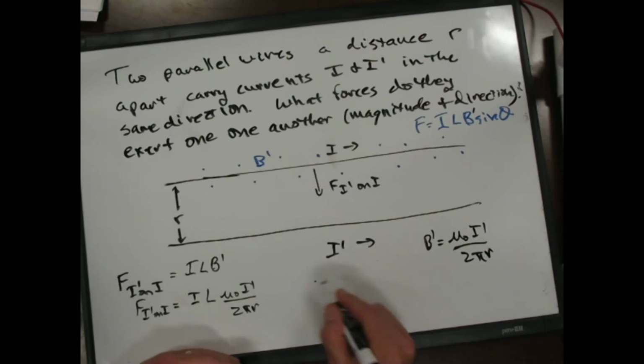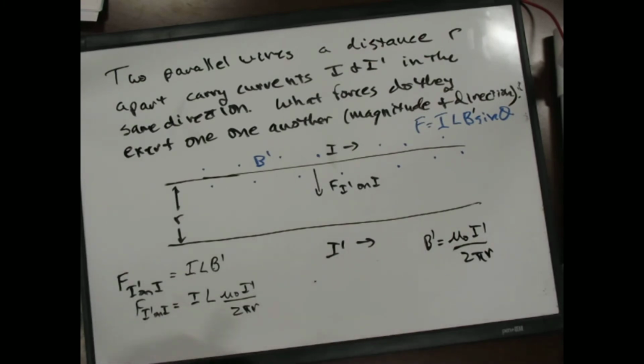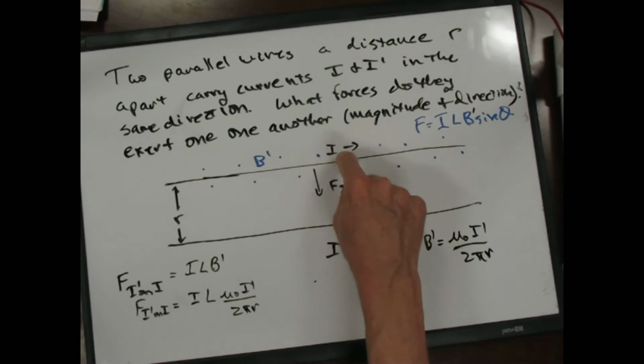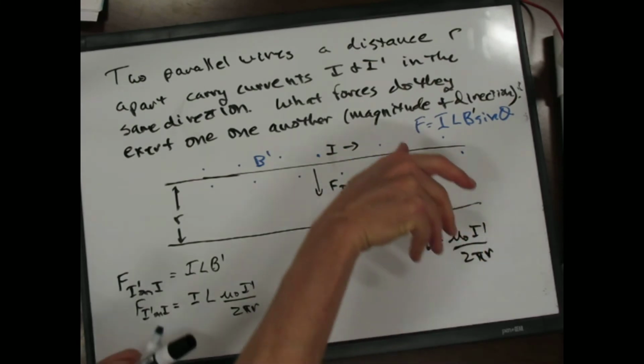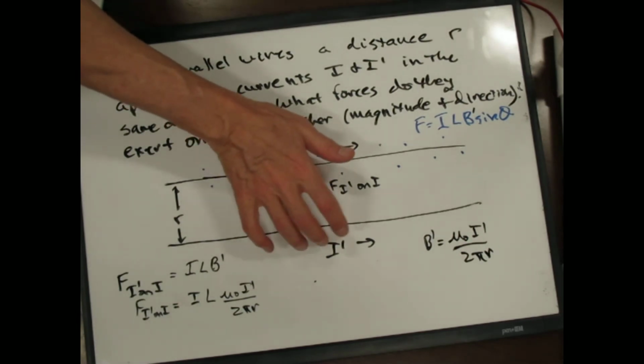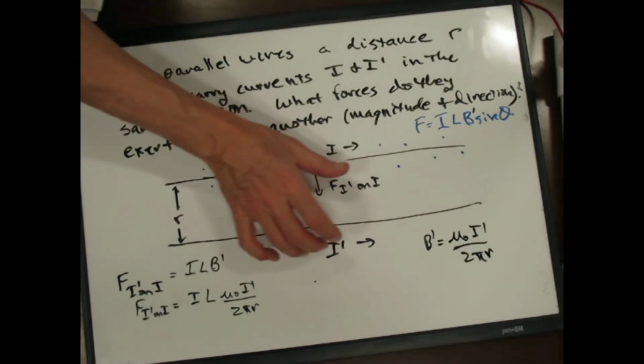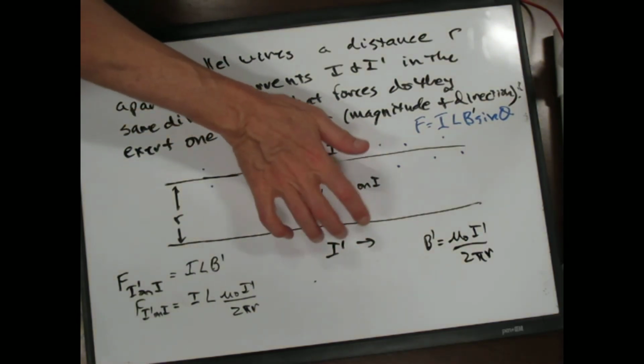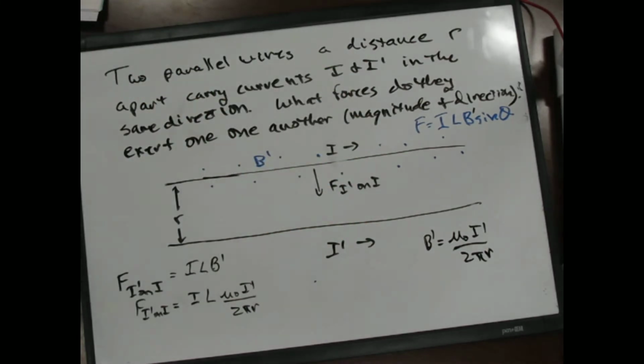Similarly, I could say, look, what's the direction of the magnetic field due to this guy down here? Well, this guy, I may have to turn my body a little bit. This guy's current is this way, and so I's current is this way. And so if I put my thumb that way, my fingers are pointing down where I prime is.